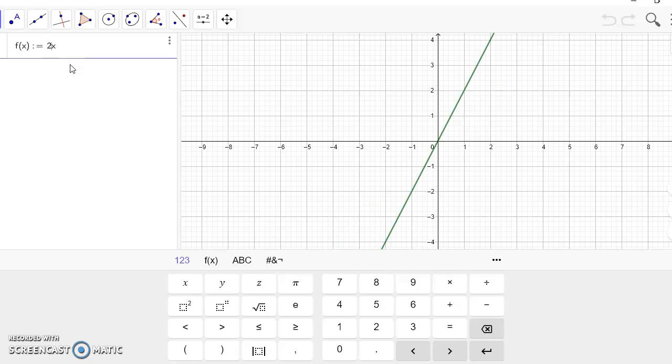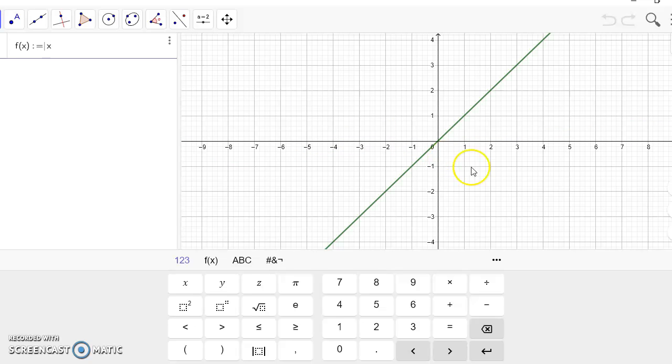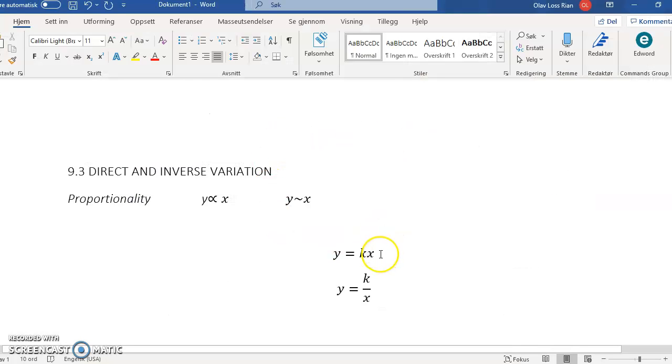And depending on the number that we put in, you could change the steepness of the line. So that's direct variation. This is direct variation as we know it from earlier math courses, where you simply have the variable x.